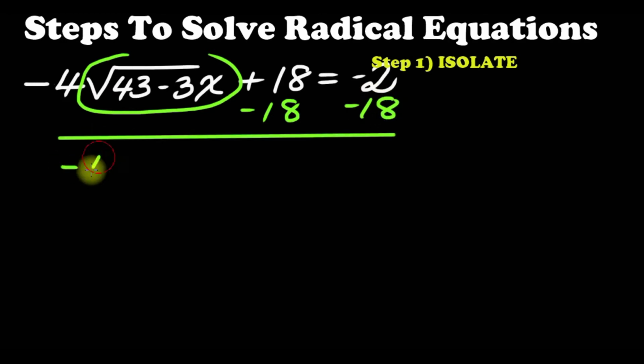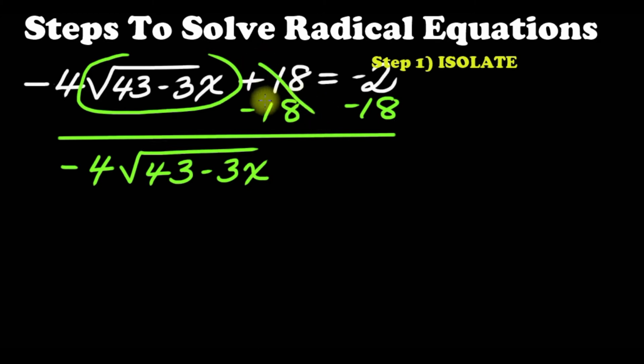Bring down negative 4 times the square root of 43 take away 3x. Positive 18, negative 18 is 0. And then you have negative 20 on the right hand side of the equal sign. As you can see, we are not done with isolating the radical sign. Here you have negative 4 times the square root.